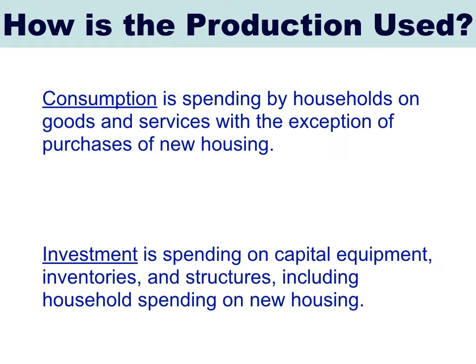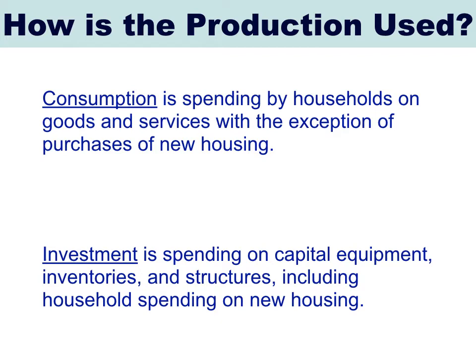Unless it's a new house. If it's a new house, then it will fall into the category of investment. Investment, in addition to the purchase of new housing, is spending on capital equipment, inventories, which is important. That one's a tricky one. We'll see in an example coming up.